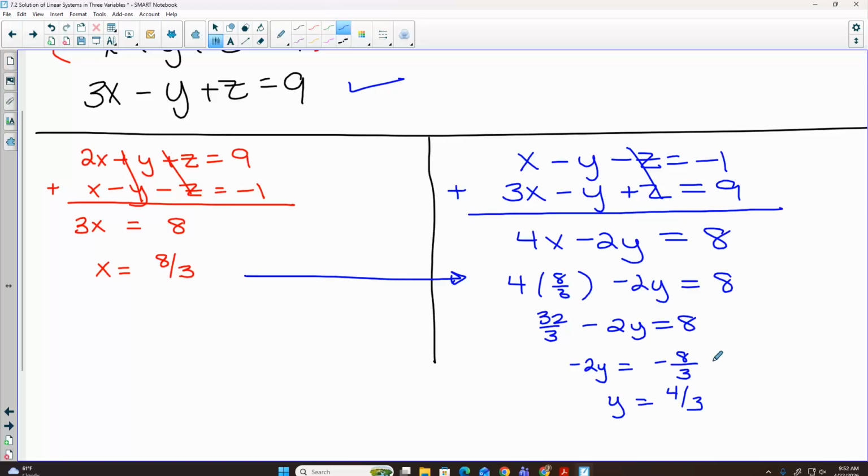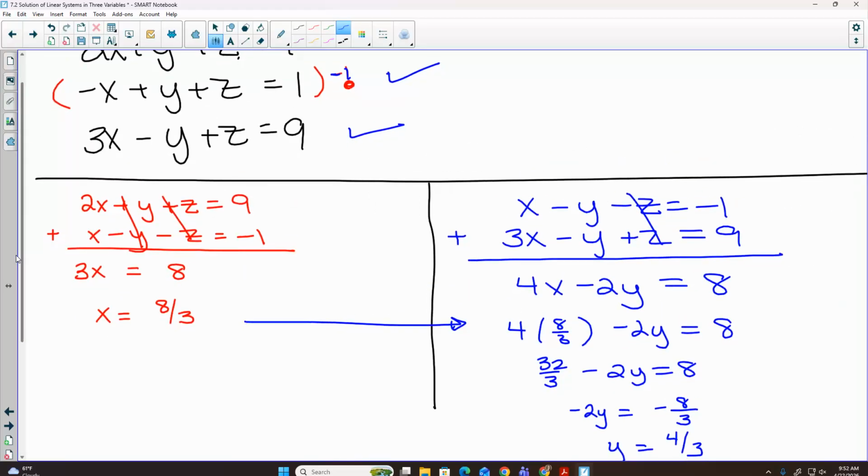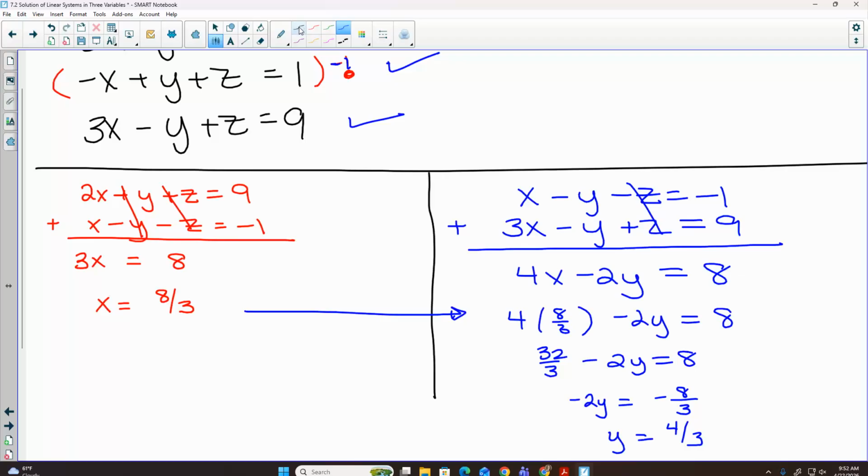All right, once you have two of them, what do we have to do? Plug them into one of these equations, whichever one you want. So if I just go with that second equation, x is 8/3, so the opposite of 8/3, plus y was 4/3, plus z equals 1.